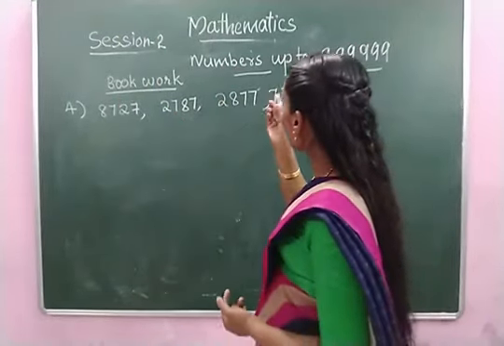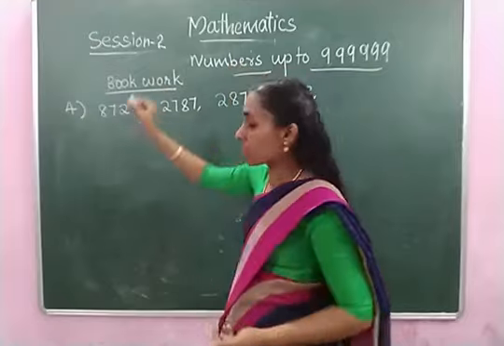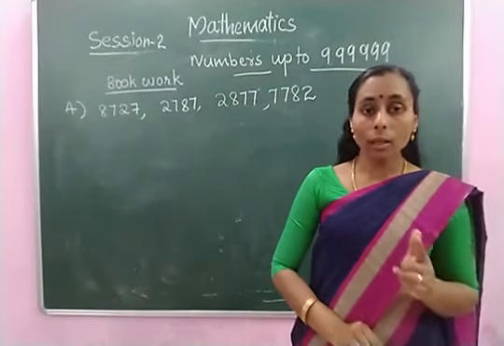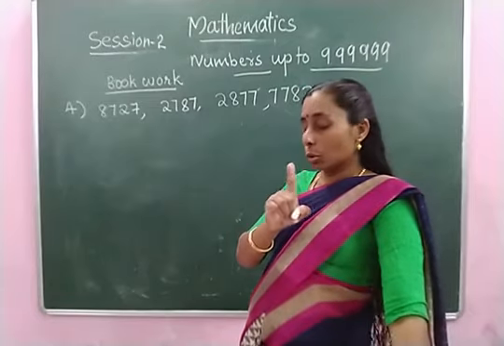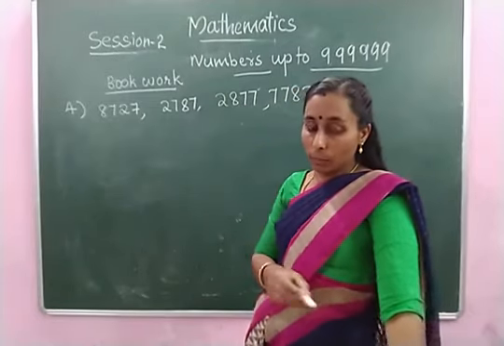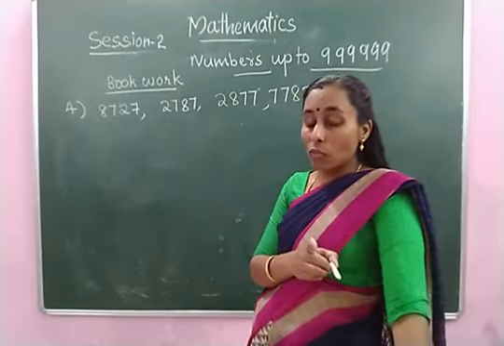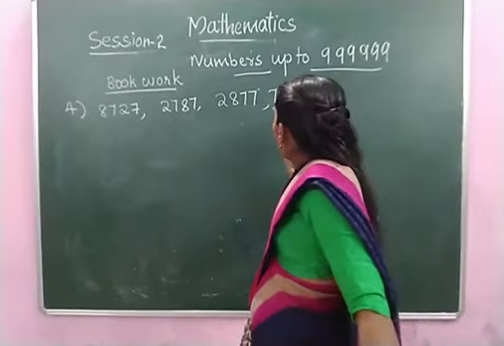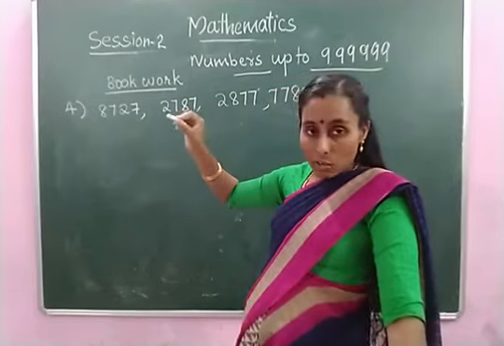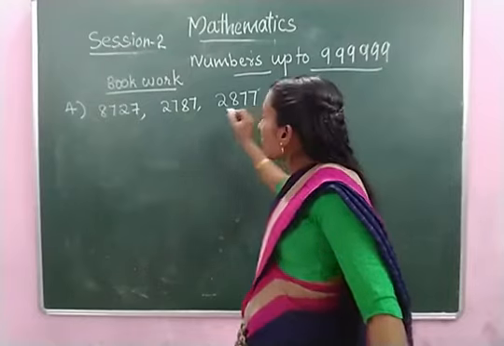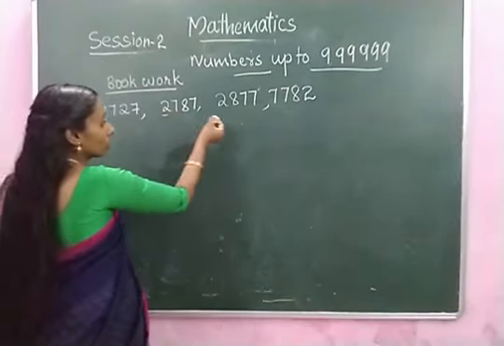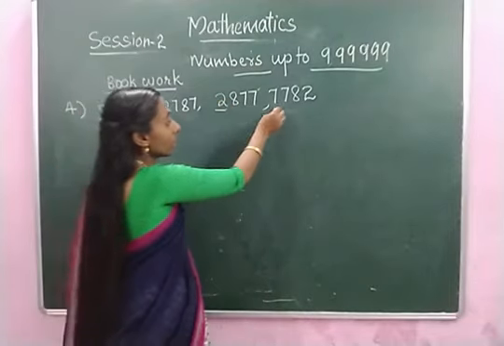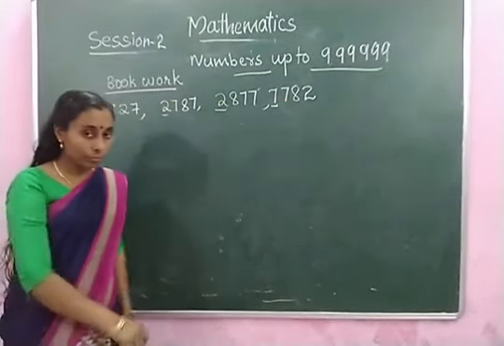Here we have to select the highest number. To select the highest number, first we go to the highest place value digit. The thousands is the highest place value here. How many thousands are here? Here 8000, here 2000, here also 2000, here 7000.